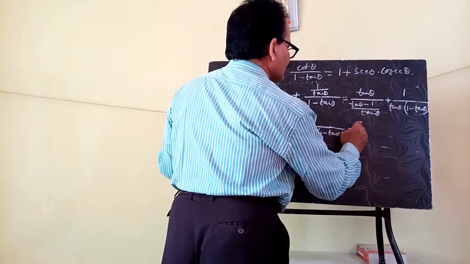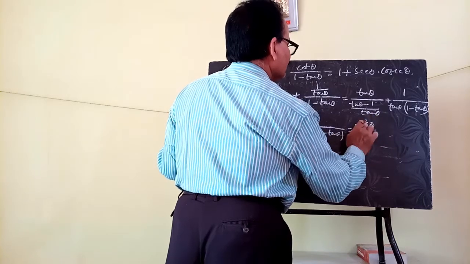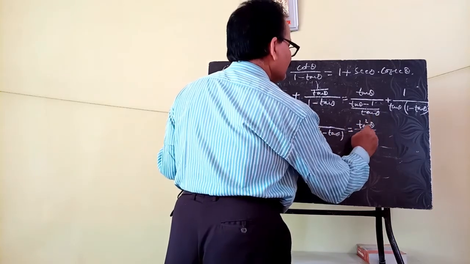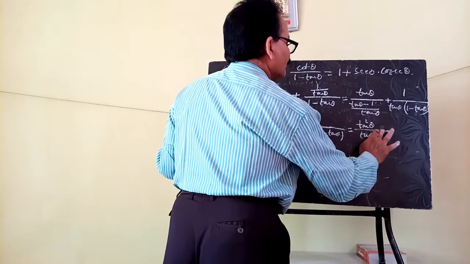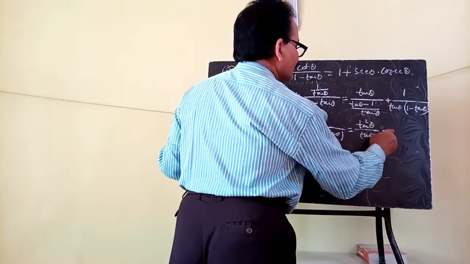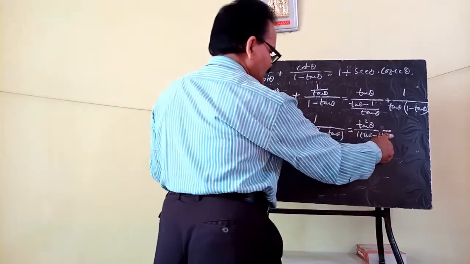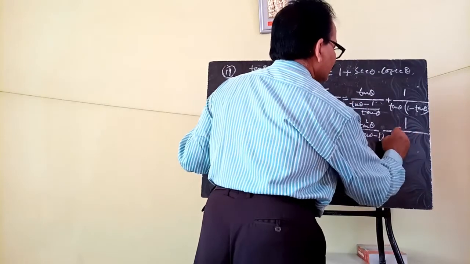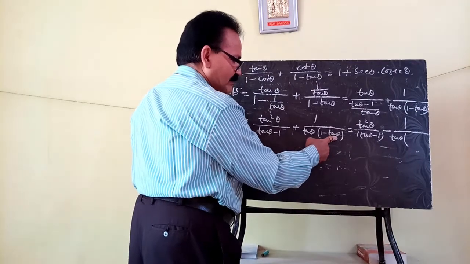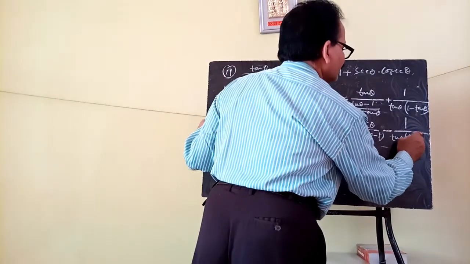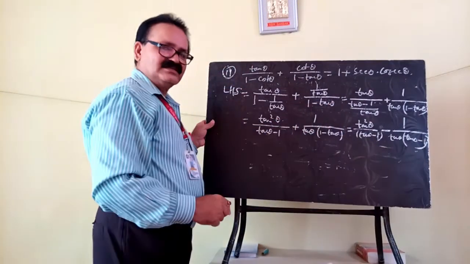After taking minus 1, what you will write is tan square theta by tan theta minus 1, and when you take minus 1 common from the denominator, from here, then this plus becomes minus, so this is your 1 by tan theta, and when you have taken minus 1 from here, this minus tan theta becomes plus tan theta, so this will be your tan theta minus 1. You have got it? Clear?